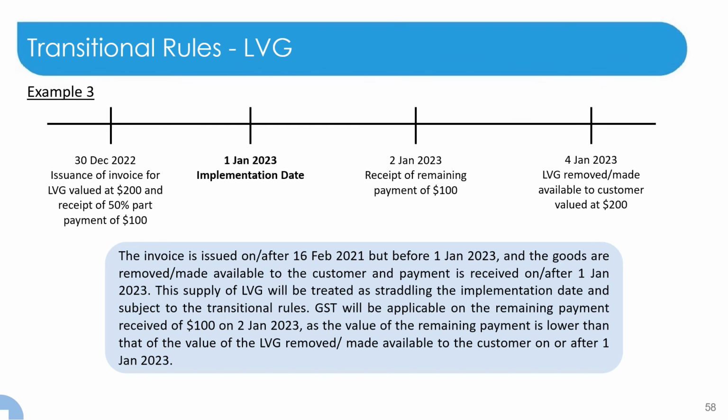As this supply meets the two conditions for the supply to be treated as straddling the implementation date, this supply will be subject to the transitional rules. GST will be applicable on the remaining payment received of $100 on 2nd January 2023, as the value of the remaining payment is lower than that of the value of the LPG removed or made available to the customer on or after 1st January 2023.